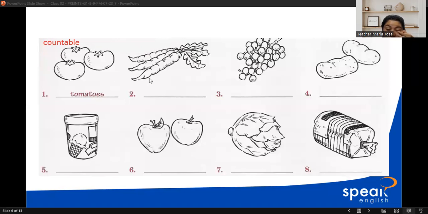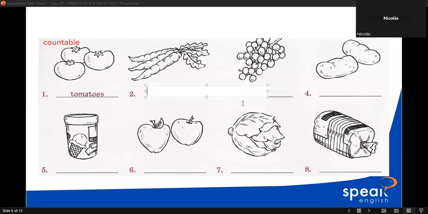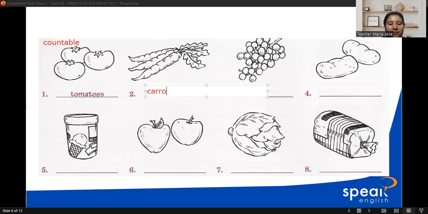What about the second word? What is the vocabulary, Nicolas? Number 2. Carrots. Okay, is countable. Excellent. So I'm going to write only a C for countable. What about number 3, David? What is the word?